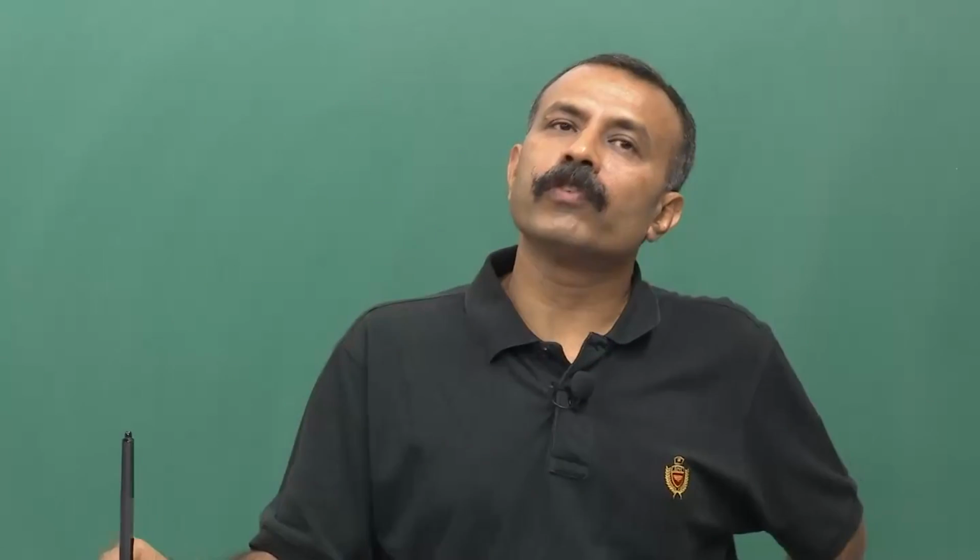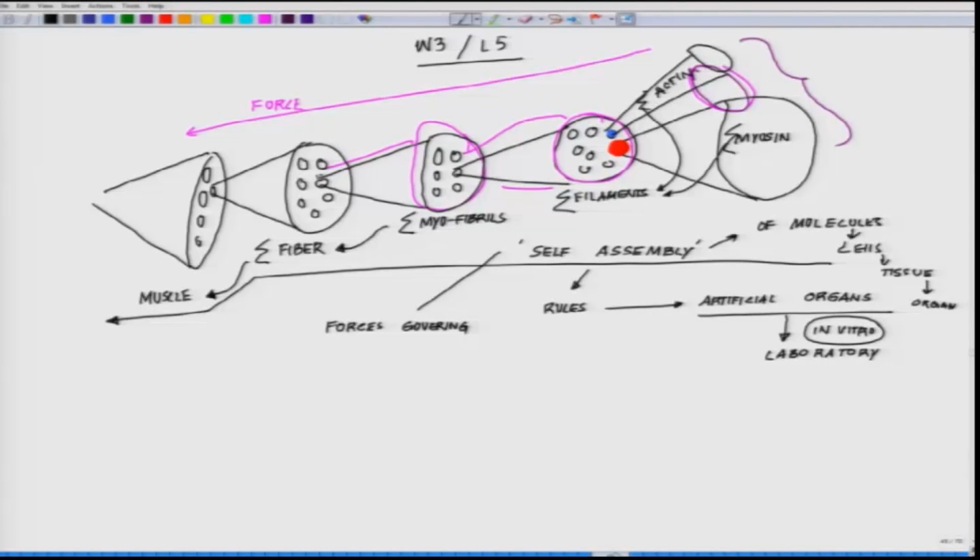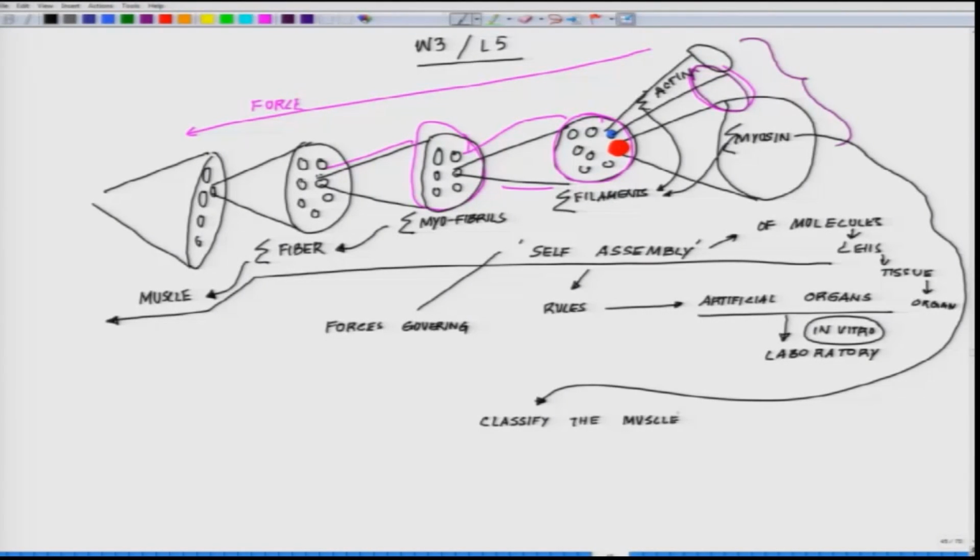So, that is why, if you remember, I told you, if I go back to previous week's lecture, when I showed you the hierarchy like here, based on the myosin subtype, that is the last lecture of the 3rd week, you can classify the muscle. Classify the muscle based on myosin subtype.